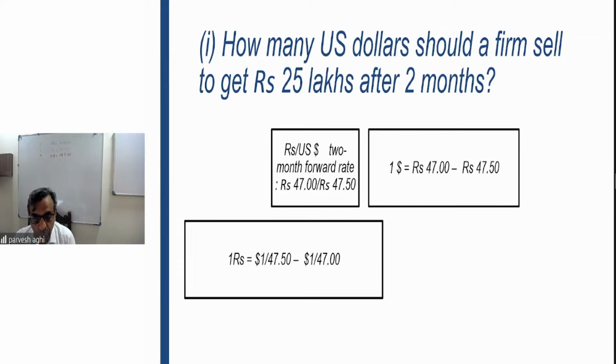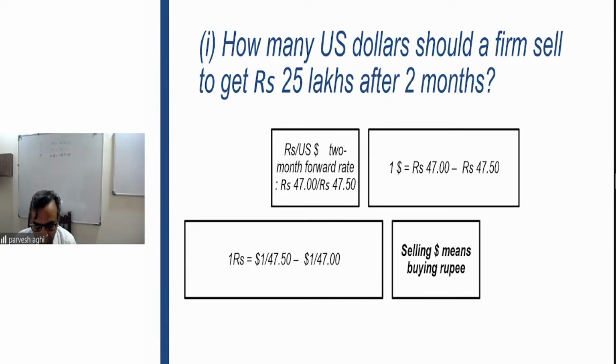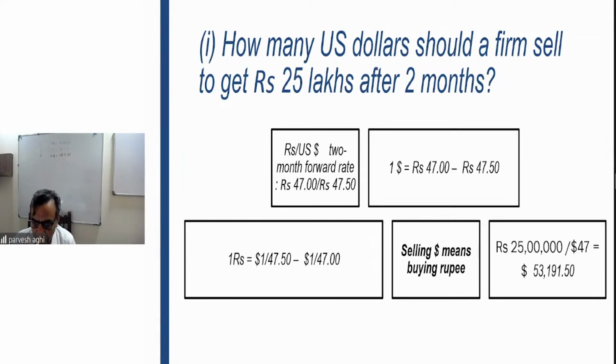Now you want to sell rupees. If you want to sell dollars, it means buying rupees. So 25 lakh divided by the ask rate. You are going to buy rupees, so you should look at the ask rate.